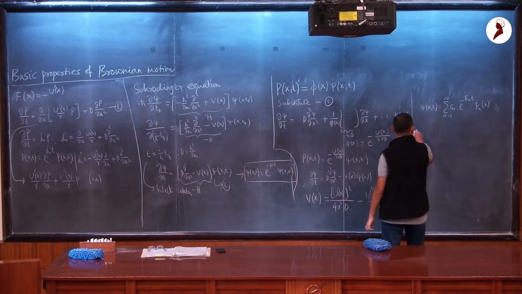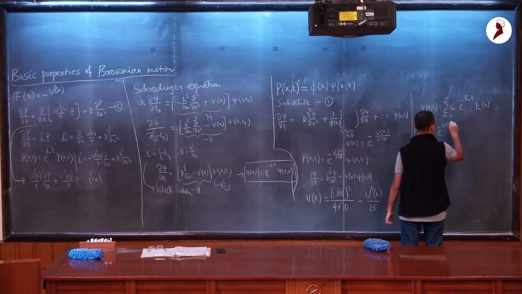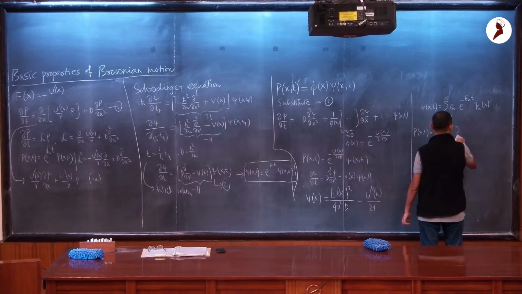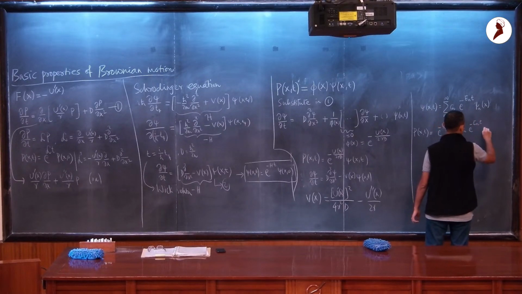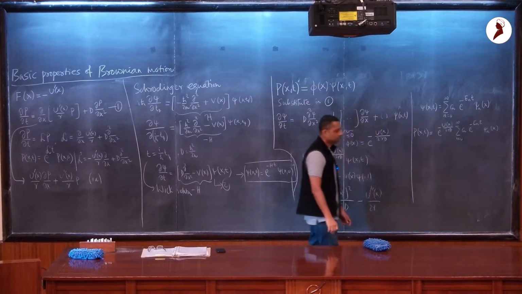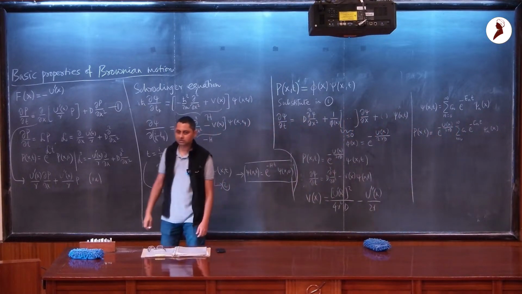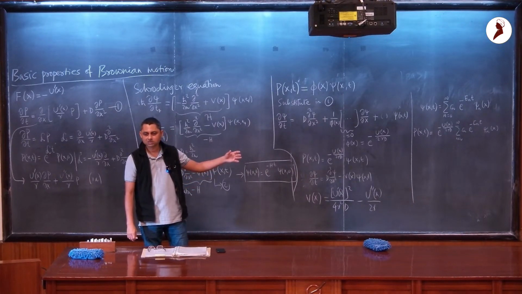So P of x, t, which is exponential of minus u of x by 2 gamma d times the sum from n equal to 0 to infinity of Cn e to the power minus En t psi n of x. And all these psi n are real, because we are doing it for probability.